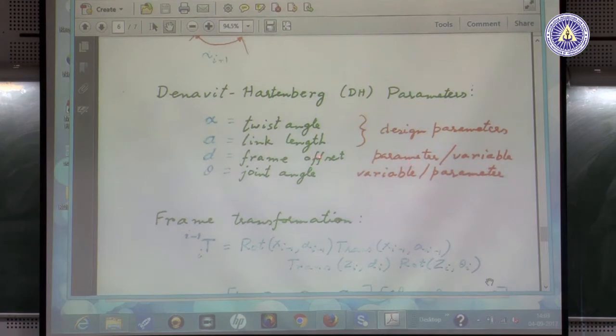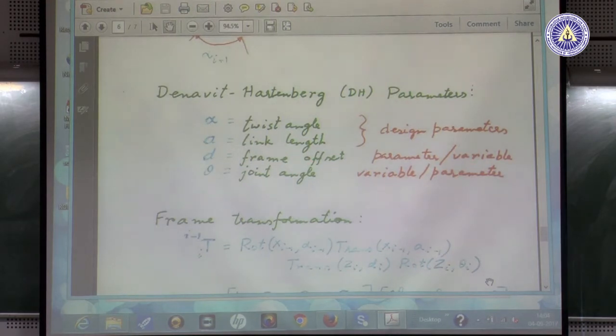and if the joint is revolute, in that case this will be the free variable, by changing which you will accomplish the movement of the robot. On the other hand, if the particular joint is translating, that is a prismatic joint, then this will be fixed by design and this will be the variable.